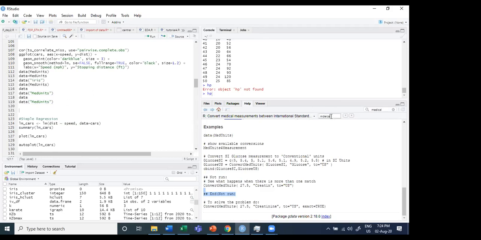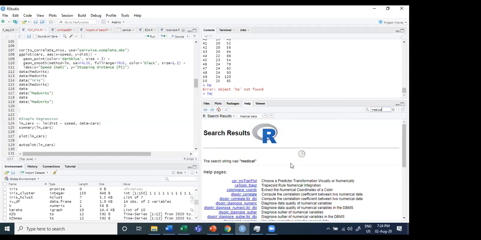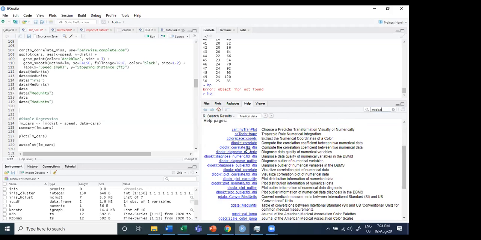So can we have data on medical apart from that? Let me call another data if it is possible. I think we can go with another data.